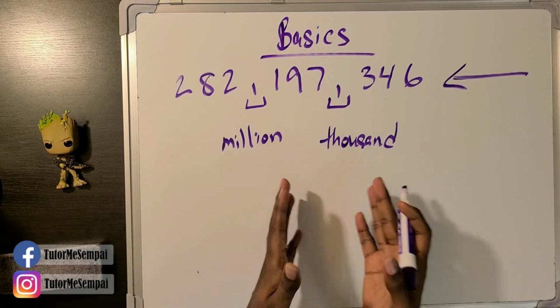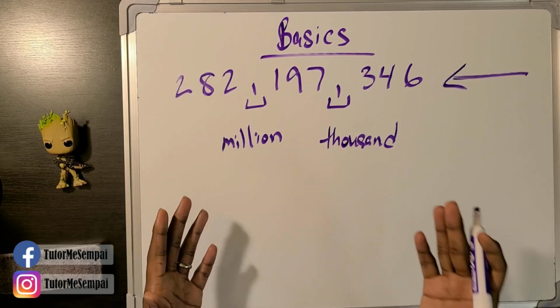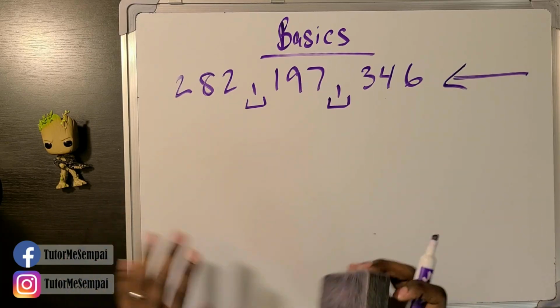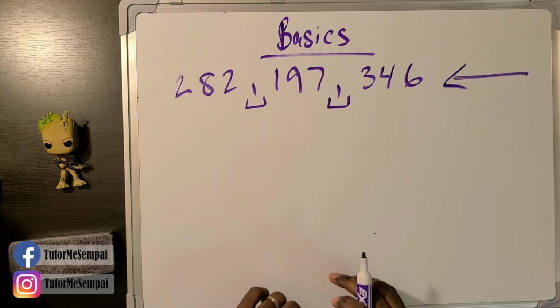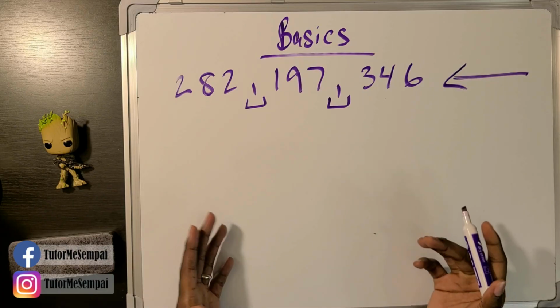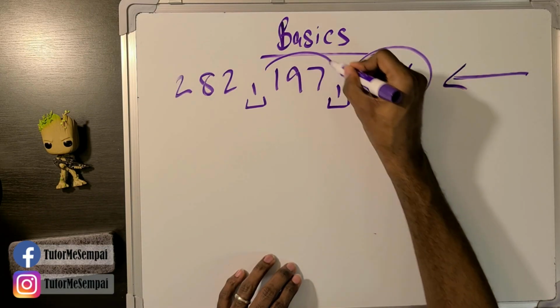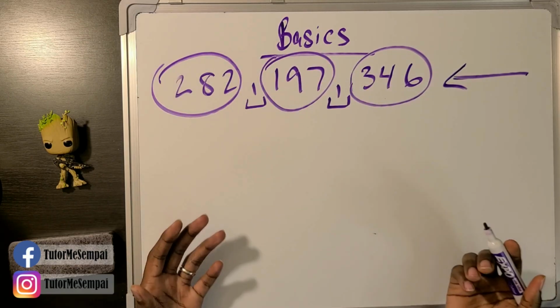So now that we talked about their commas and we talked about their names, let's go back to the numbers. What's one thing you see about these numbers here? We have 9 numbers, but are the numbers just thrown in here randomly? No. Each number is broken into groups of how many numbers? 3.